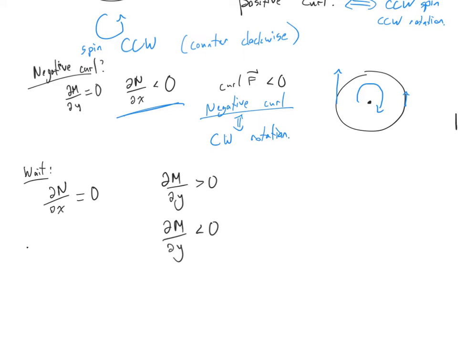Recall again that our curl, nabla cross F, looks like dN/dx minus dM/dy. So when dM/dy is positive, because there's a negative on it, it's going to be below 0, so negative curl. And this one's going to give us positive curl.